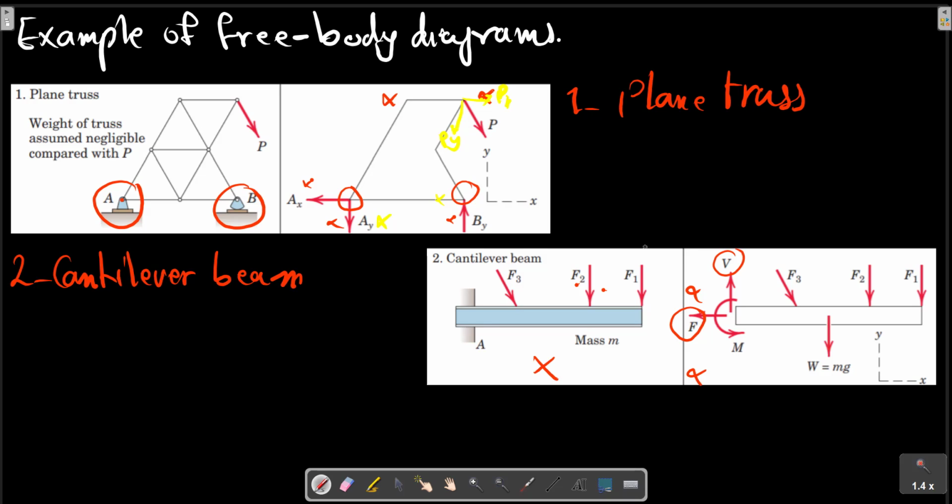Then, to prevent the beam from rotating about A, a counterclockwise couple M is also required. The weight mg of the beam must be represented through the mass center. We have also gravitational force on the beam with mg here. It is the free body diagram for the cantilever beam.